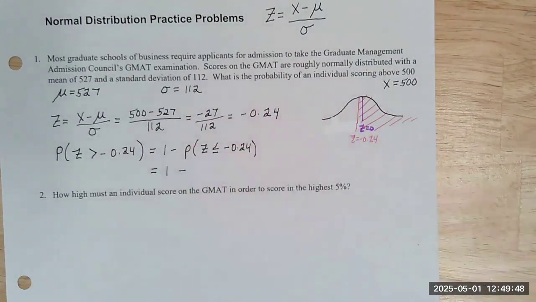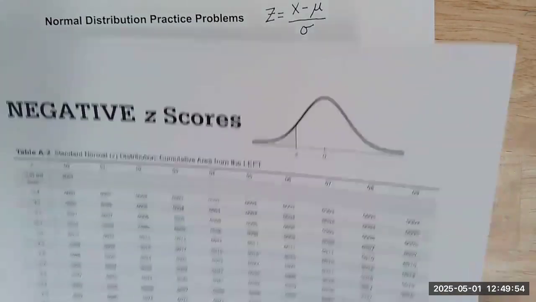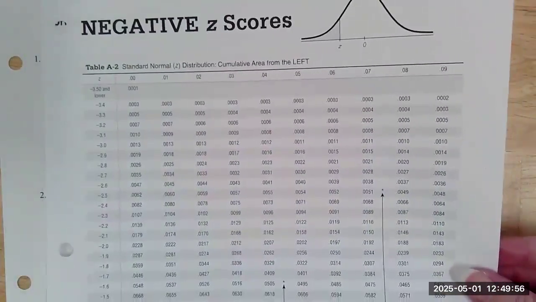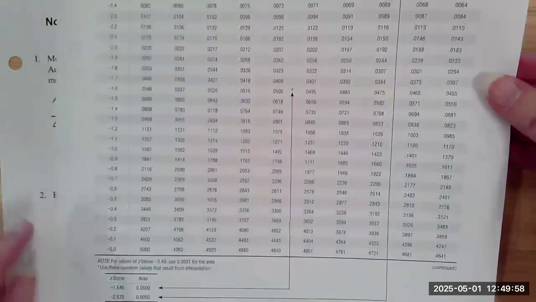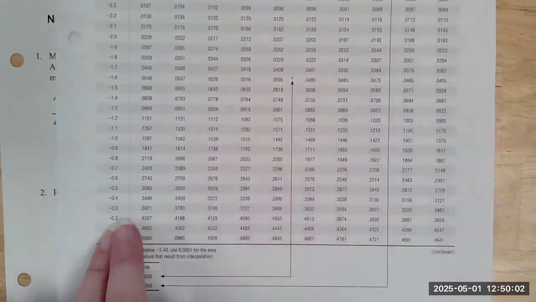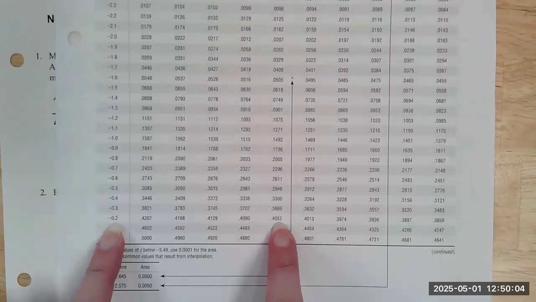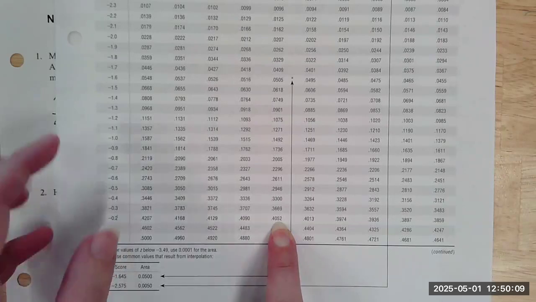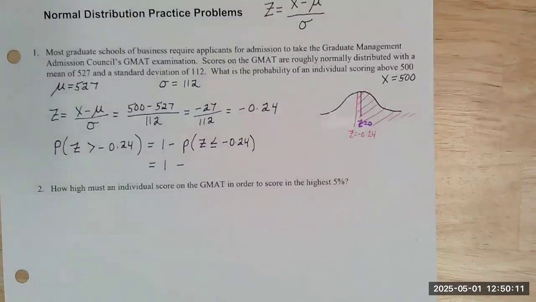So 1 minus, let's go find the probability now. Negative 0.24. So I'm on the negative z-score side. Negative 0.2 is almost at the bottom. And 4 is going to be 0.4052.